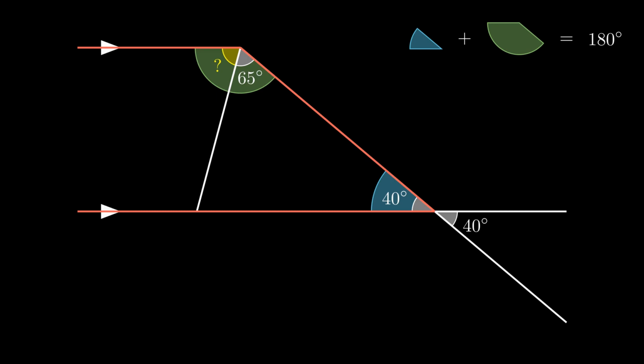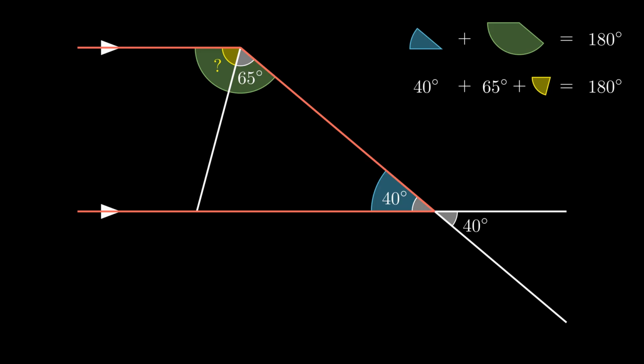So let's write out what that means. The blue angle is just 40 degrees from there. Then the green angle is made up of 65 degrees plus the yellow angle we're trying to find. And that all has to add up to 180 degrees. So how much known angle do we have so far?